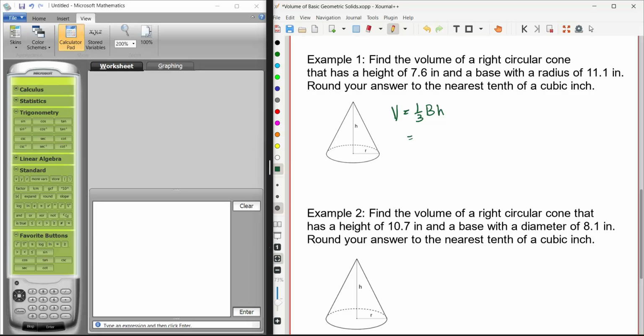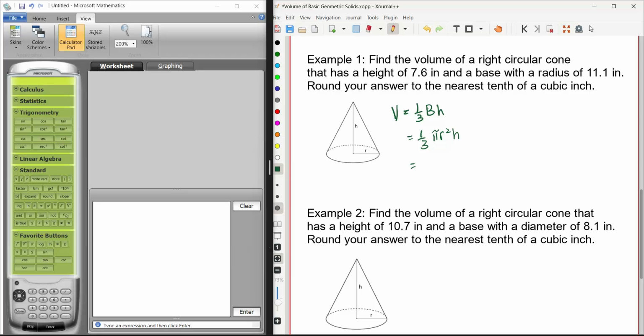So if we want to be very specific, I'll change the capital letter B to pi r squared, because that's the formula for the area of a circle. So again, capital B means area of the base. The base is a circle, so the formula is pi r squared times the height.